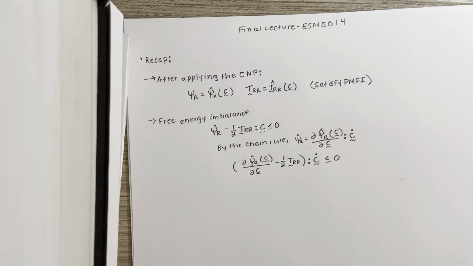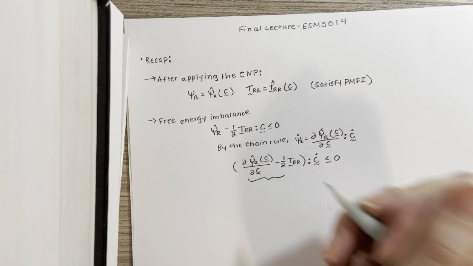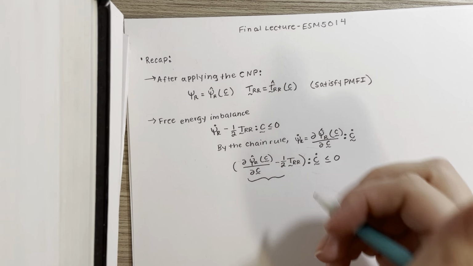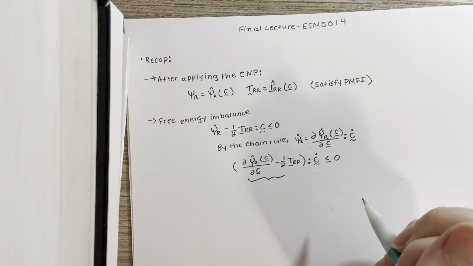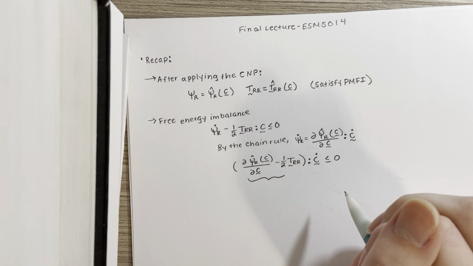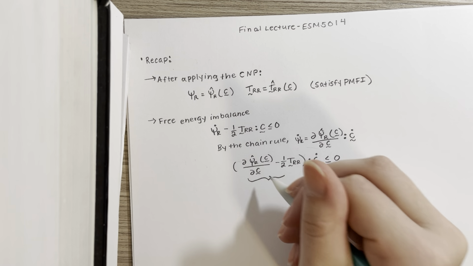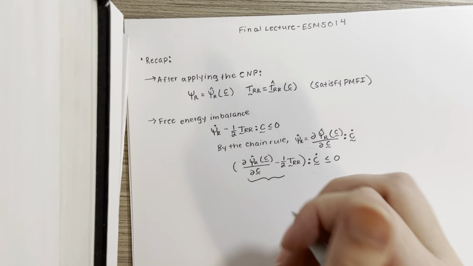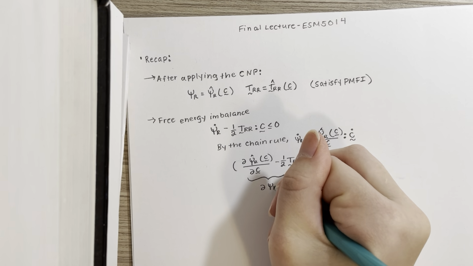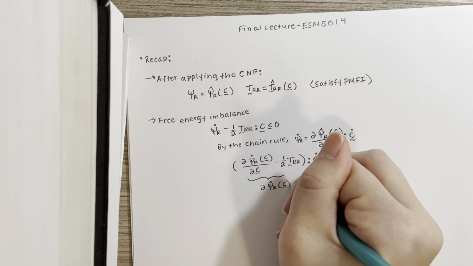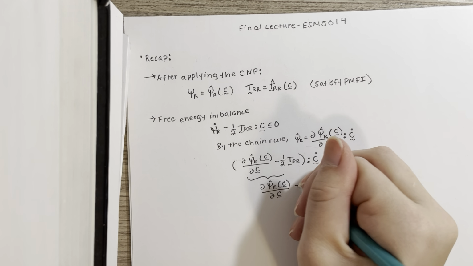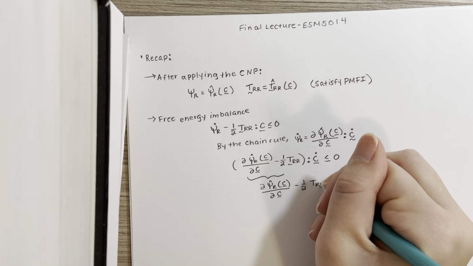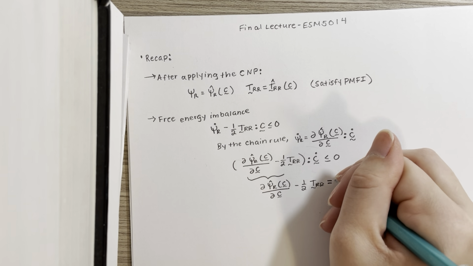However, as we discussed before, if this quantity is equal to something non-zero, then we can find a value of C dot that violates the free energy imbalance. So we restrict this quantity to be equal to 0. So we have del phi r hat of C over del C minus 1/2 T RR is equal to 0.